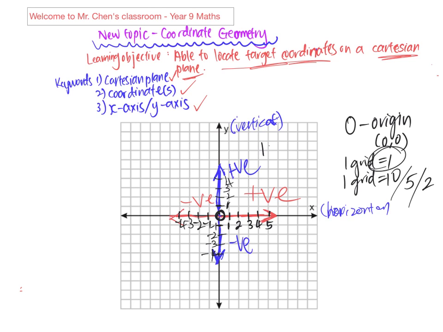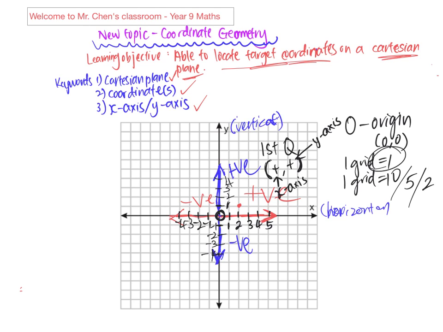In the first quadrant, all the dots, which are your coordinates in here, have positive numbers on both the x and y axes. So your x coordinates will be positive and your y coordinates will be positive as well. Let's pick one example right here.